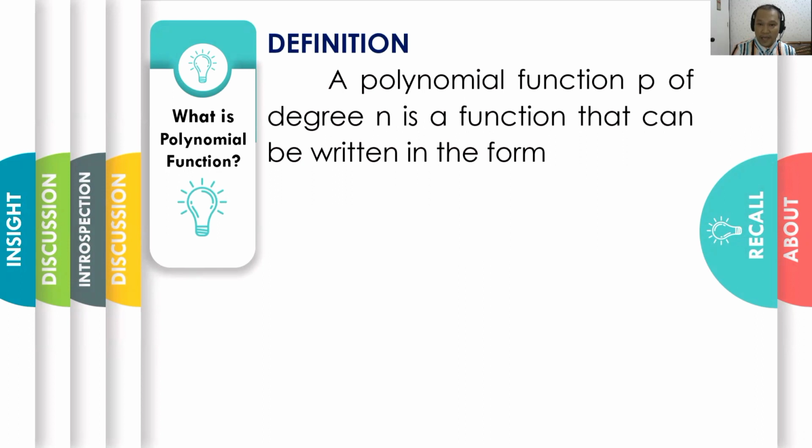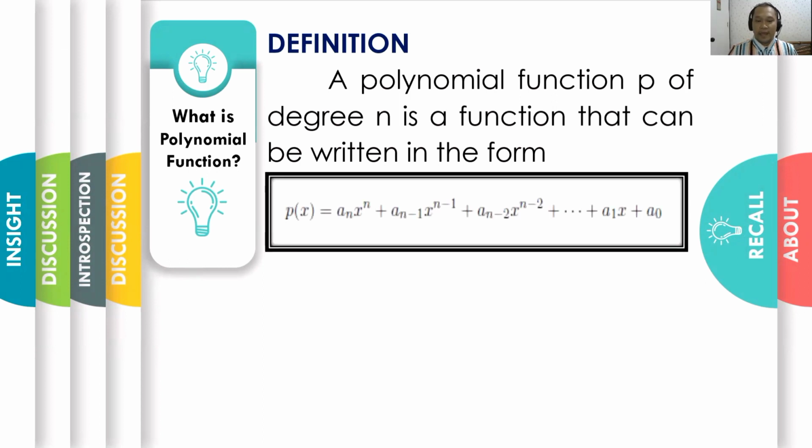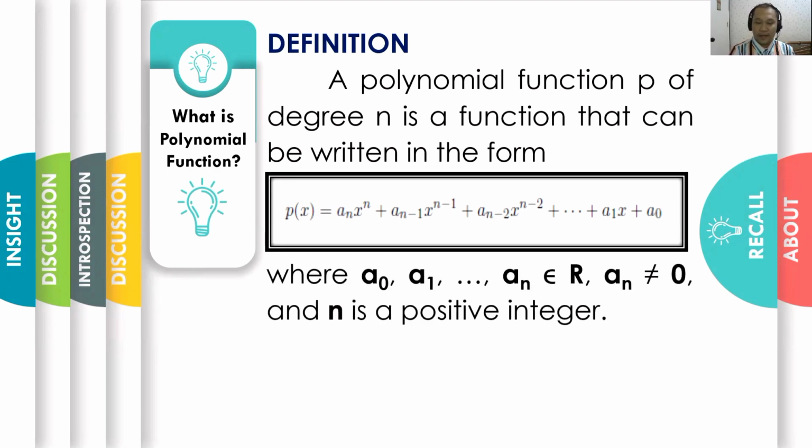A polynomial function P of degree n is a function that can be written in the form P of x is equal to a sub n x raised to n plus up to a sub 0, wherein a sub 0, a sub 1, up to a sub n are all real numbers such that a sub n, the leading coefficient of our leading term, is not equal to 0, and the n, our exponent for the variable x, should be a positive integer. And here are examples of polynomial functions.